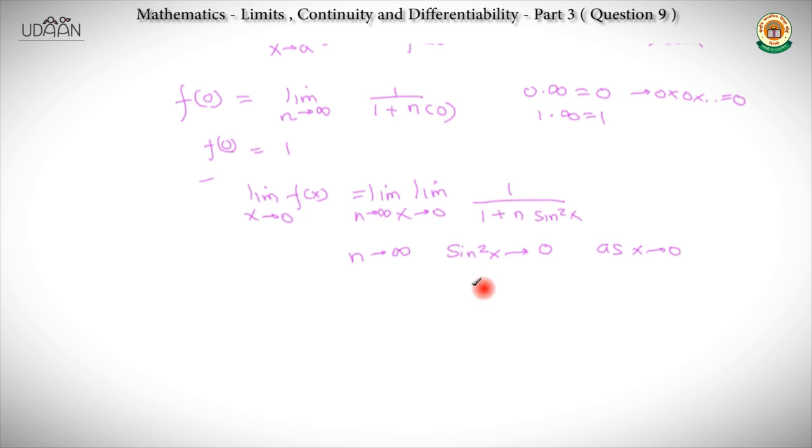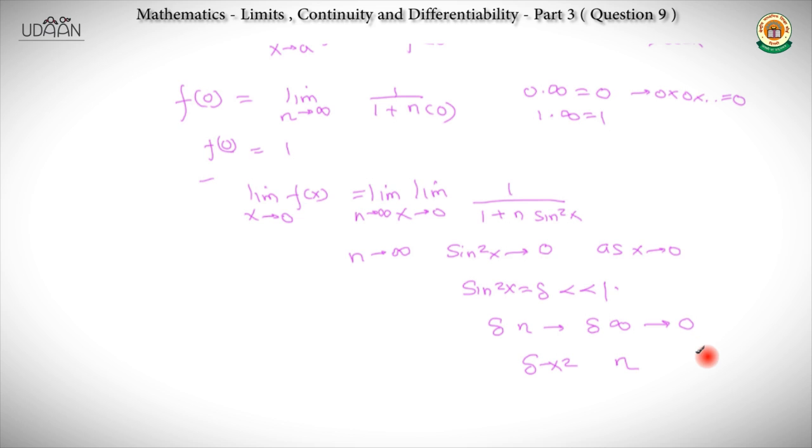Sine square x can be treated as delta, which is a very small quantity compared to 1. So delta times n, which is delta times infinity, tends to 0, because delta is a very small quantity. Delta is x square, so its power is 2, whereas for n the power is 1. So the overall quantity will tend to 0.